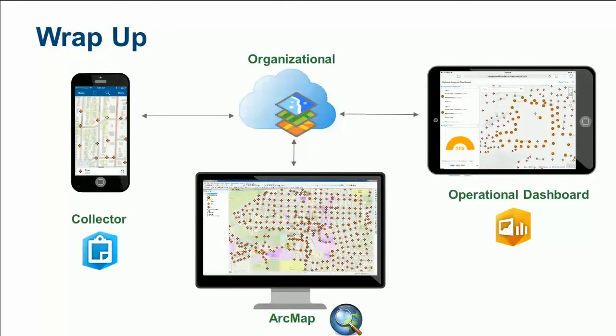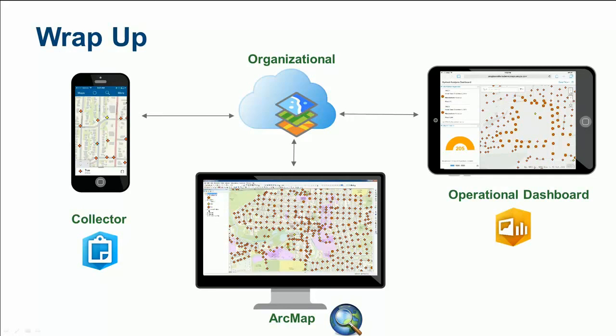Okay, well, we've covered a lot of information in a short period of time, so let's take a moment to review the entire workflow. We used ArcMap to organize our GIS content and publish the hydrant information to our organizational site. Then, we shared the hydrant inspection web map to specific groups within our organization.